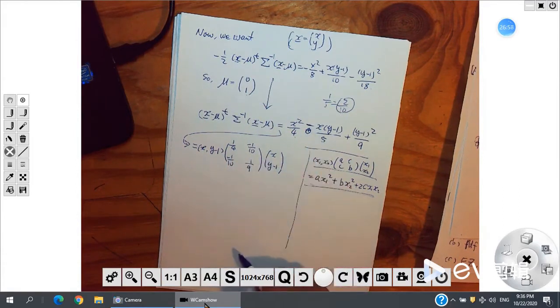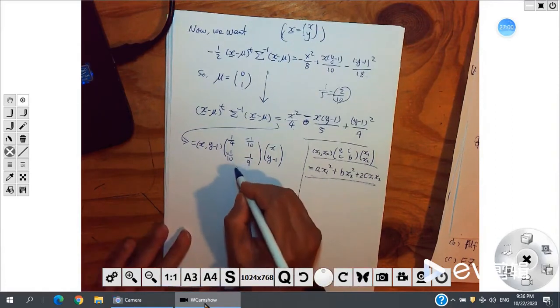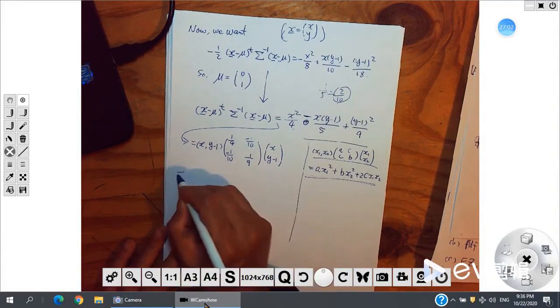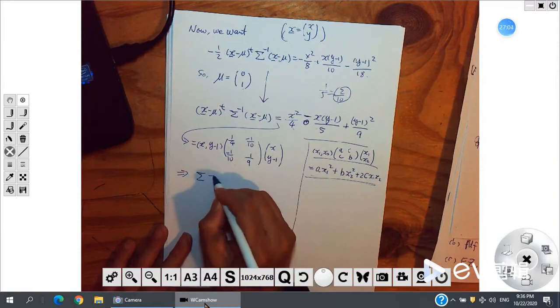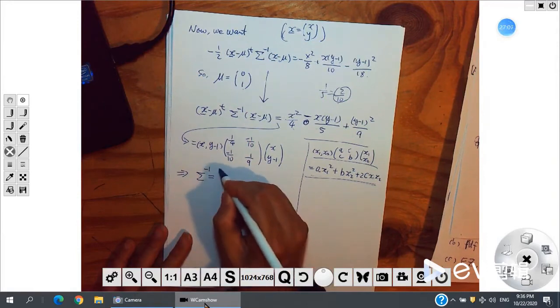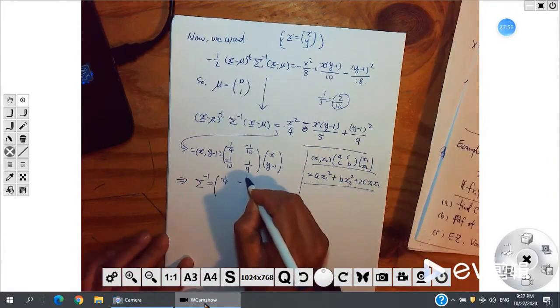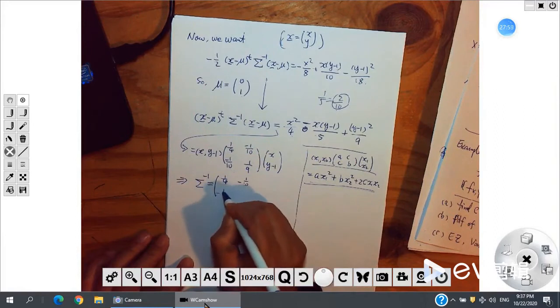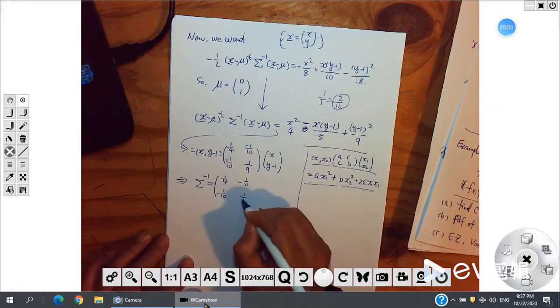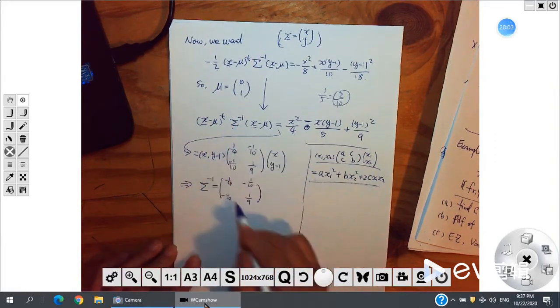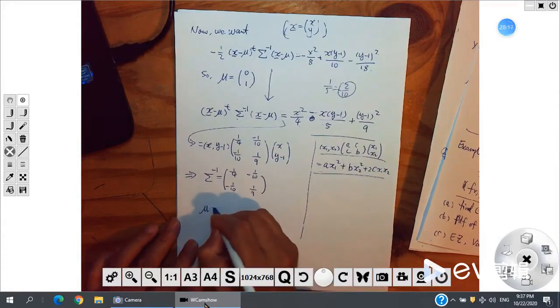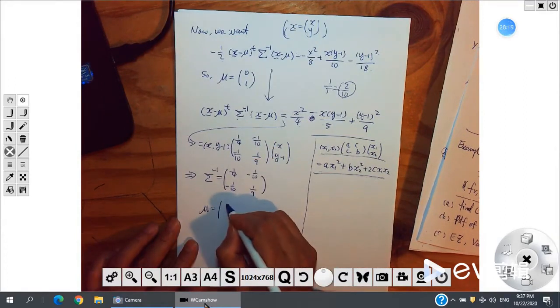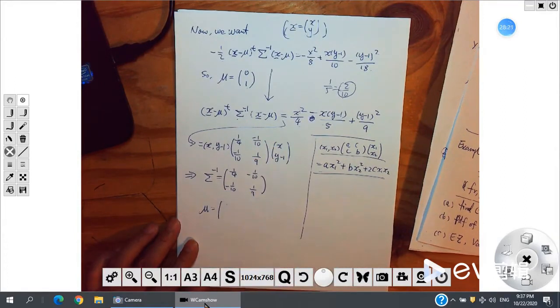Okay, so this is sigma inverse: 1/4, negative 1/10, negative 1/10, 1/9. And mu equals 0 and 1. So we have these two.